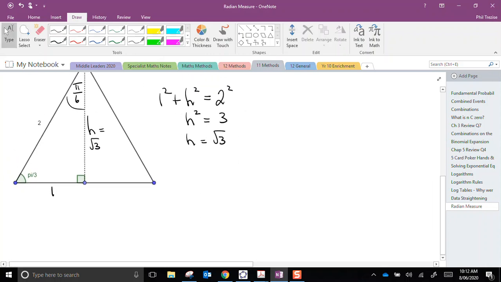Now I could use this to give me sine, cosine and tan of both pi over 3 and pi over 6. Let's do this. The sine of pi over 3, opposite is root 3, hypotenuse is 2. That's root 3 over 2.